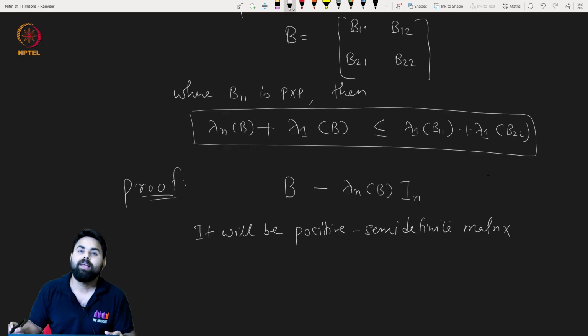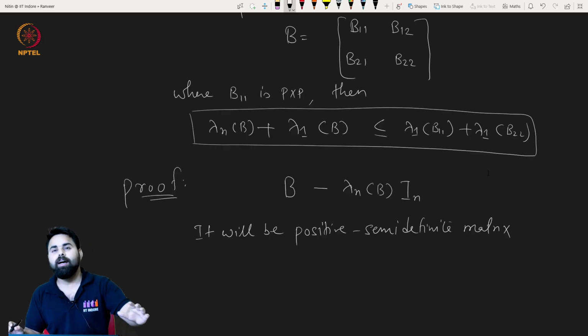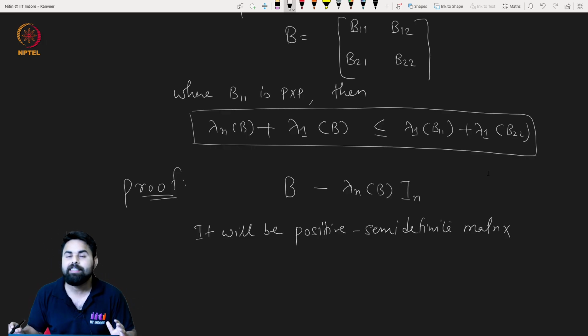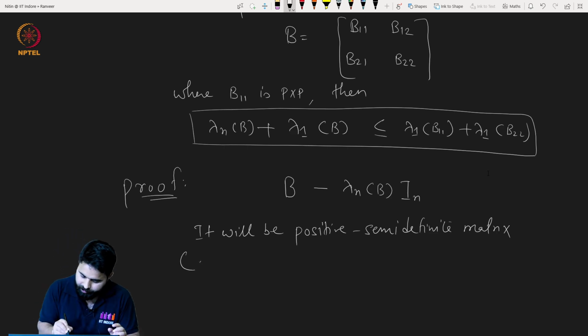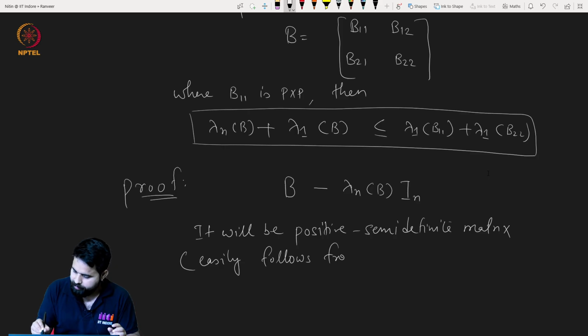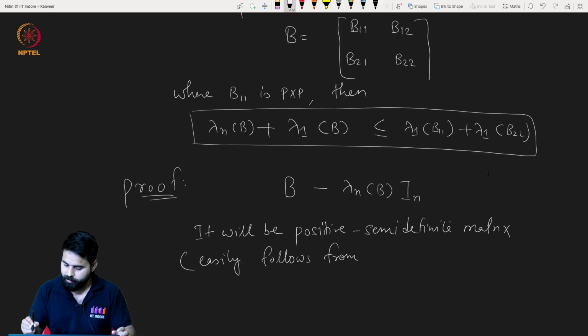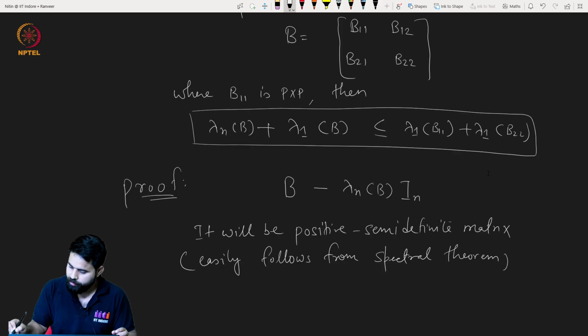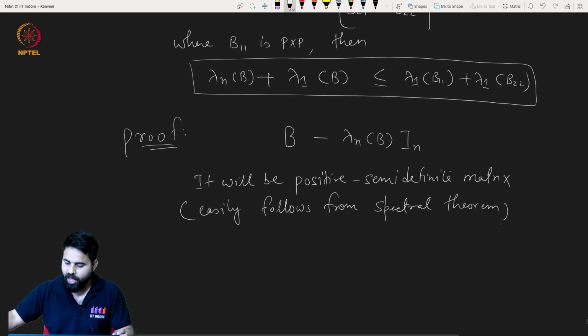And we have seen that when the eigenvalues of a symmetric matrix are non-negative, this matrix has to be a positive semi-definite matrix. So it follows from the spectral theorem.